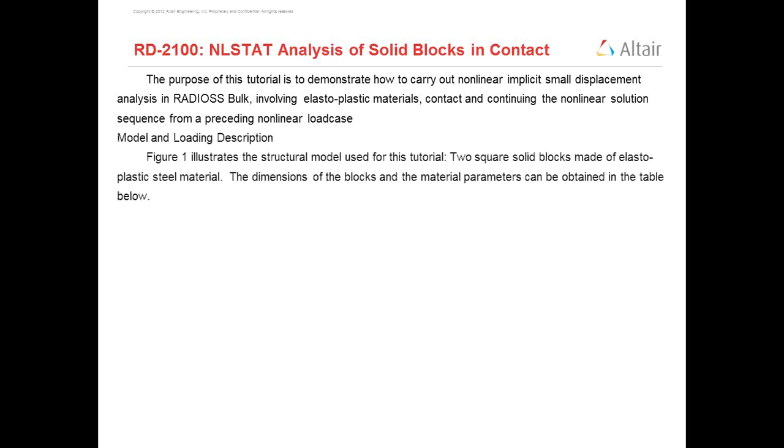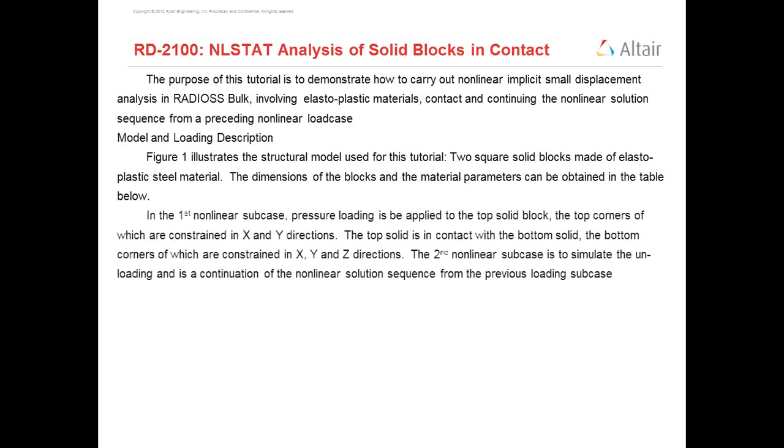Model and load description, I'll show you the figure where it illustrates the structural model used for this tutorial. There are two square blocks, they both are solid blocks made up of elastoplastic steel material. The dimension of the block and the material parameters are shown below.